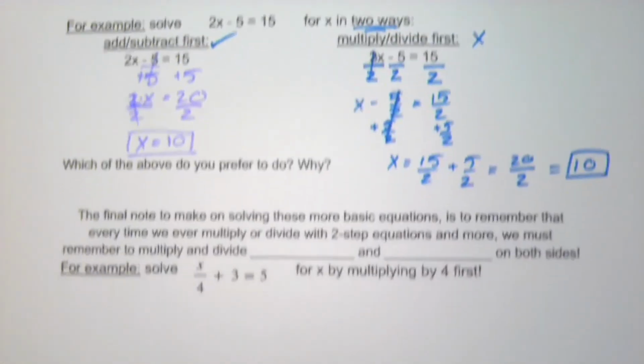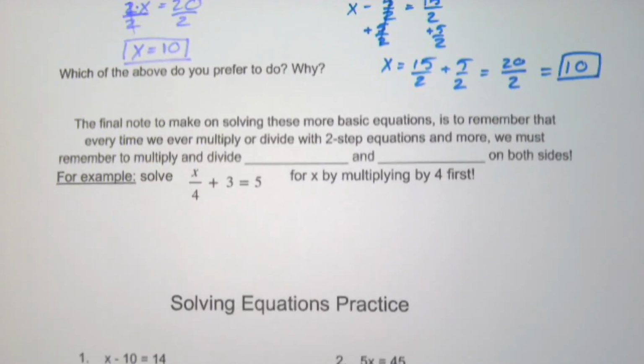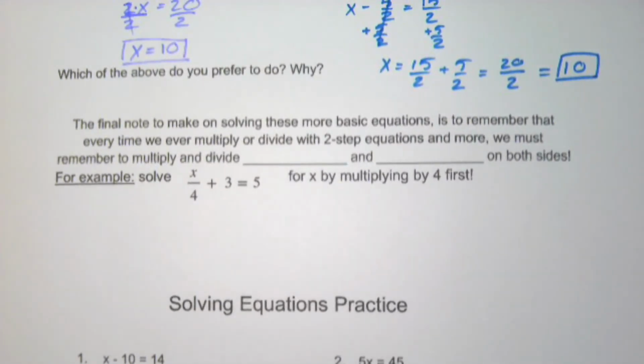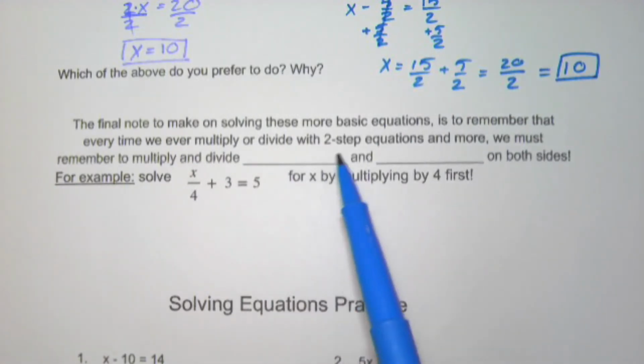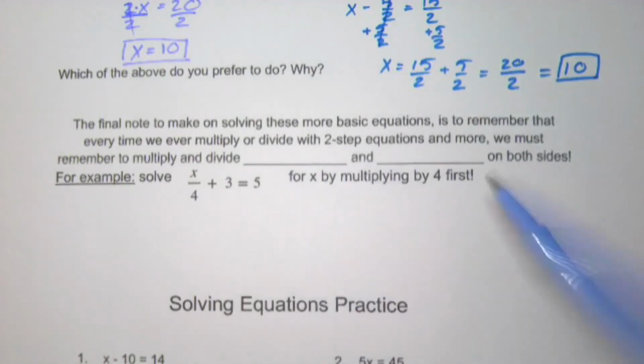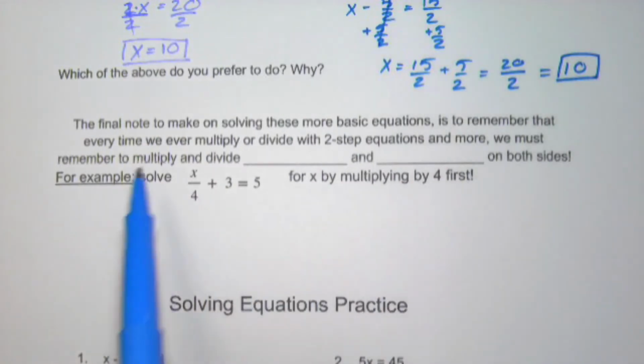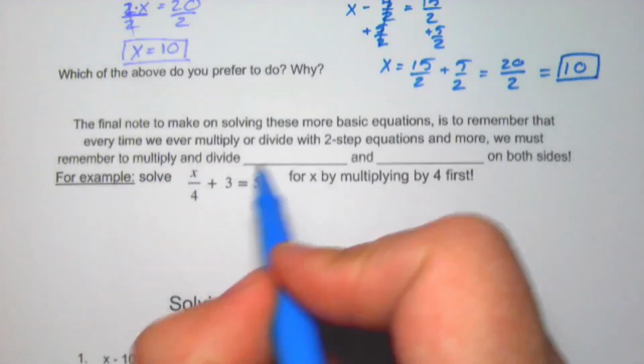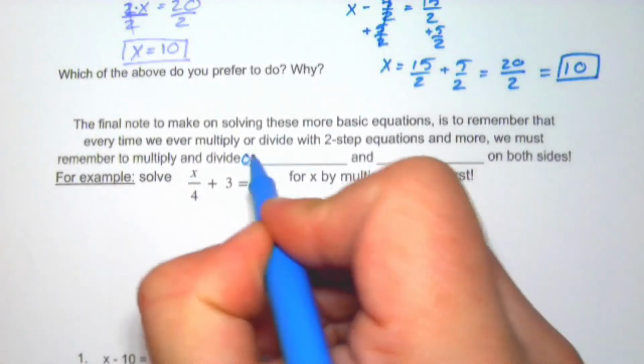So moving on, before a couple examples, one final note to make on solving these more basic equations is that whenever we multiply or divide in a two-step equation, or if we're dealing with more than that, we have to remember to multiply or divide on both sides of the equation.